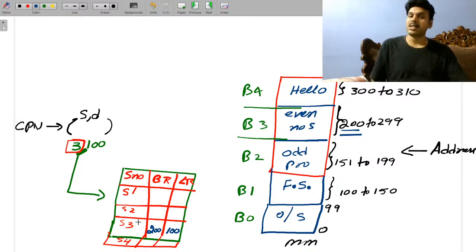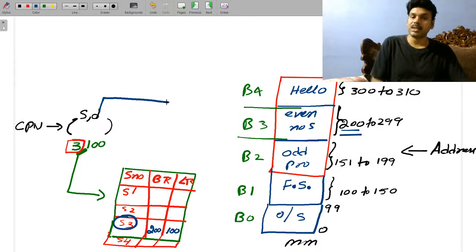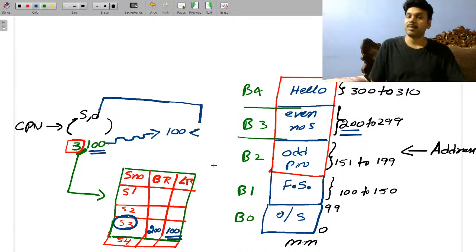Now please understand, friends. Now I'm going to check before giving you access. I come to know that, okay, S3 found. The second validation is there. What is the second validation? You need to cross check that your request of 100 is lesser than the corresponding limit. Your request is 100, which is lesser than or equal to the corresponding limit, which is also kept as 100 only.